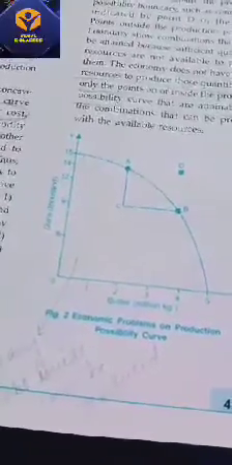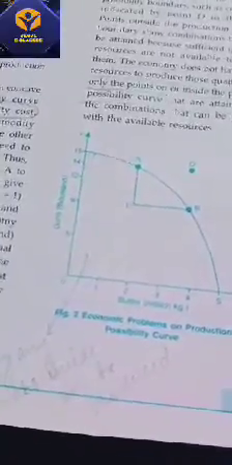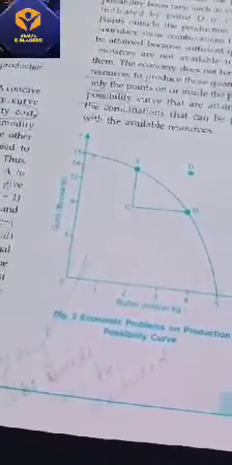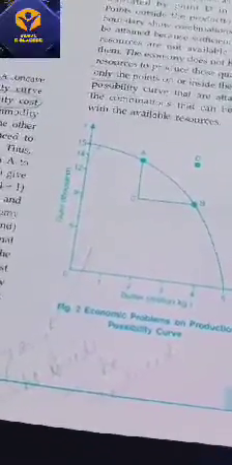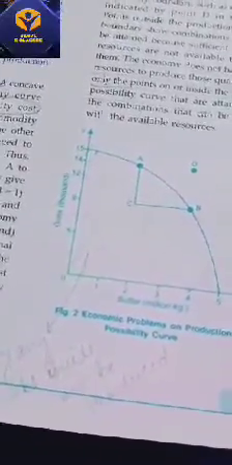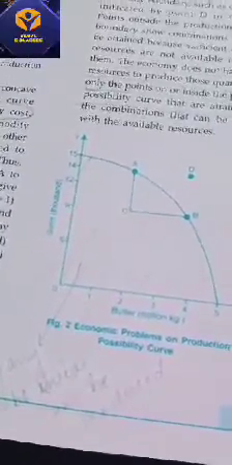If the resource is getting fully utilized, we should have had a possibility juncture on the PPC or a point on the PPC. But since the point is inside the PPC, we can safely assume that either the resource is not getting fully utilized or it is lying idle.